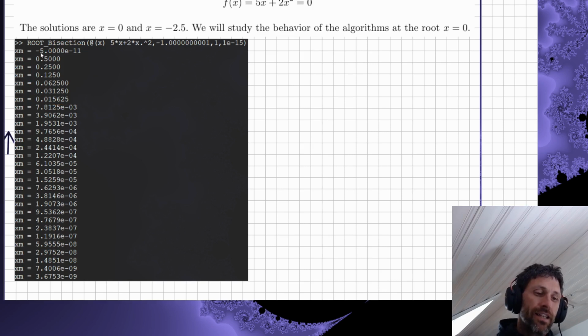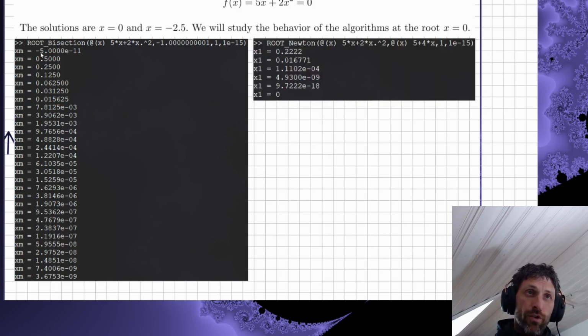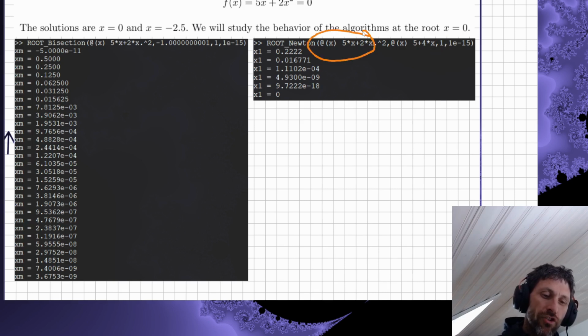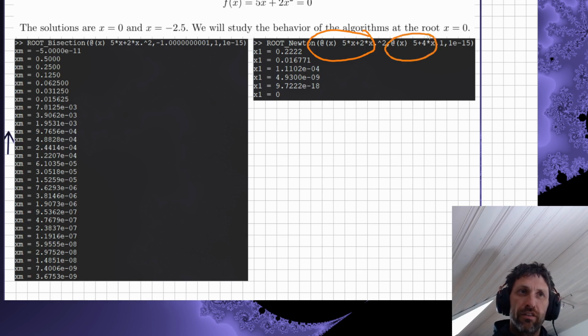That is bisection. The Newton iteration is much more powerful. Starting with initial value 1, you have to pass the function, but on top you have to pass the derivative, but it's no problem in that case.